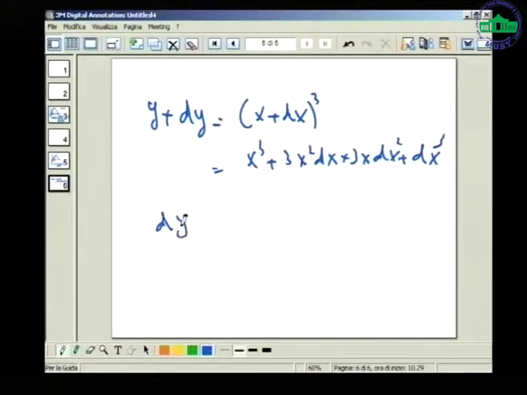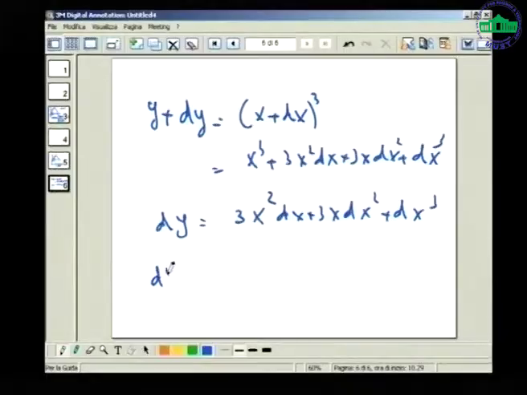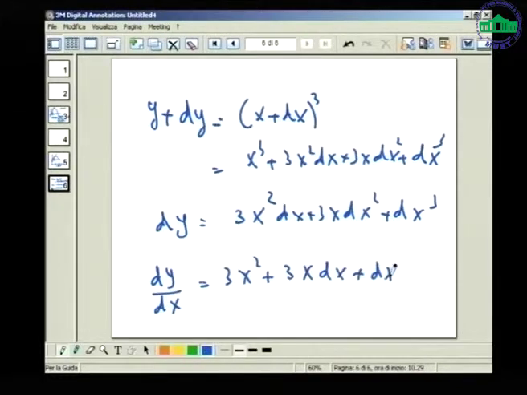So dy becomes, after subtracting x cubed, 3x squared dx plus 3x dx squared plus dx cubed. Then if you divide by dx to obtain the derivative, you get dy by dx equal to 3x squared plus 3x dx plus dx squared.